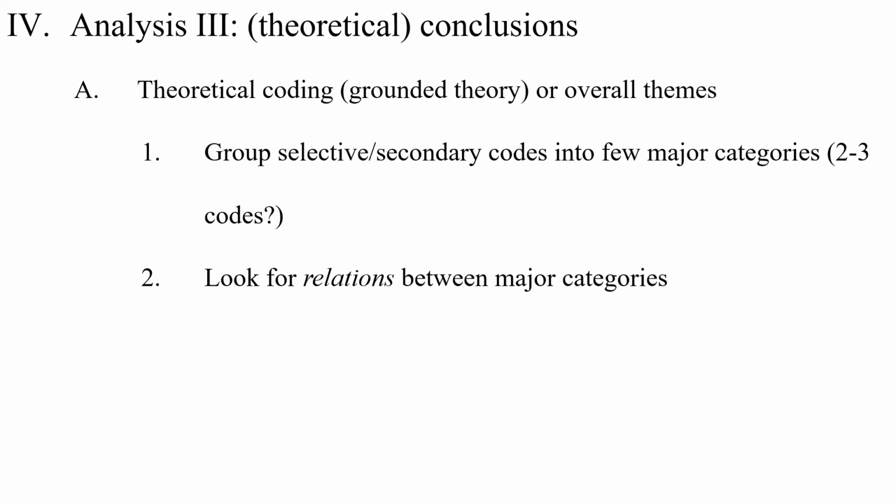If you're only partly inductive, they partly emerge and you partly impose them. And so if you group your secondary categories, media skepticism of COVID-19 might be one of those secondary categories that might go with other categories.